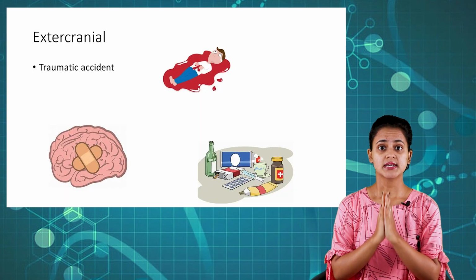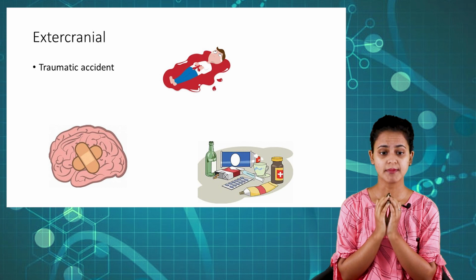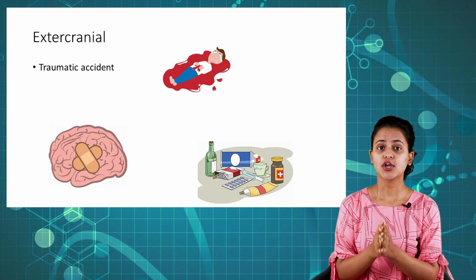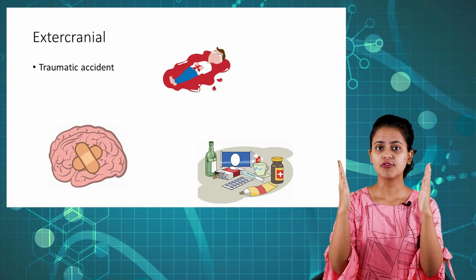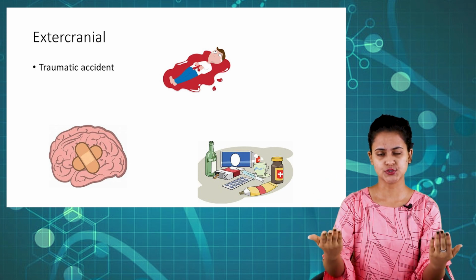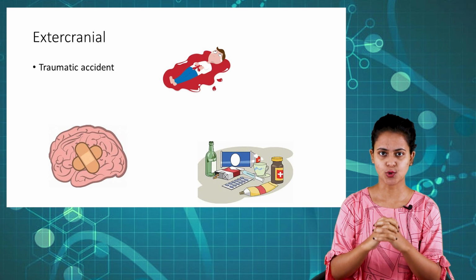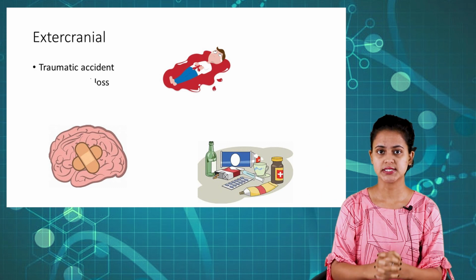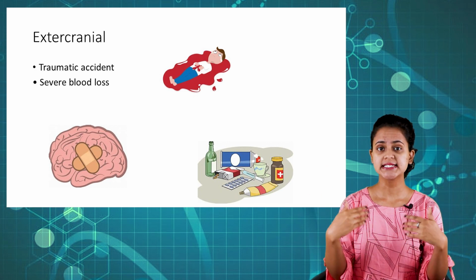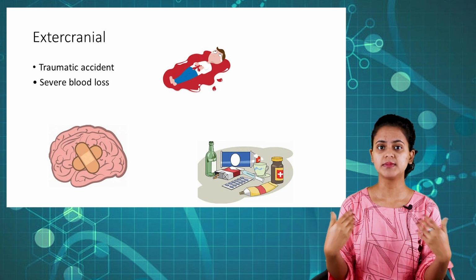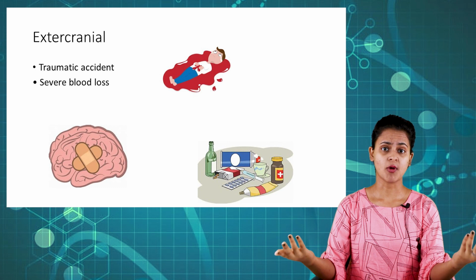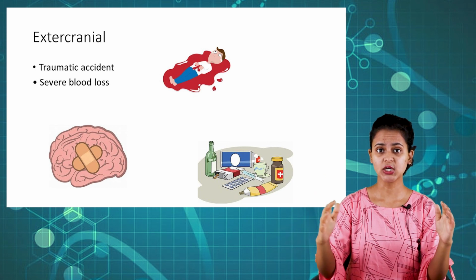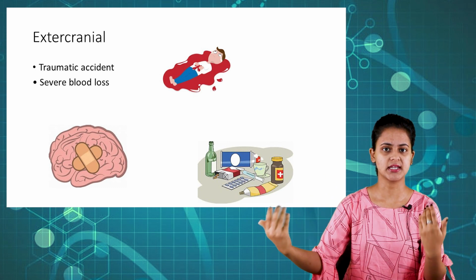The first condition is traumatic accidents. Traumatic accidents are a very common factor often associated with the development of unconsciousness. The next one is severe hemorrhage or bleeding. Sometimes the client can meet with a traumatic accident which may cause external hemorrhage.